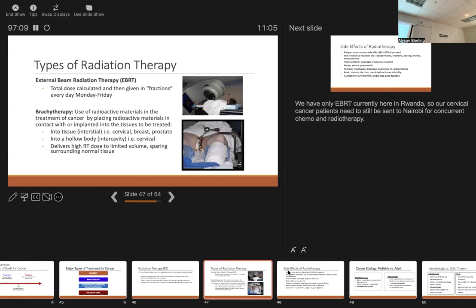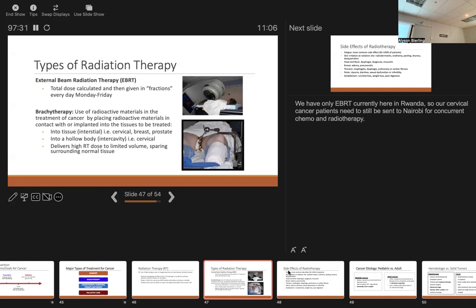So if it is a breast cancer, the radiation therapy is going to be applied directly to that area of the cancer. If the patient has cervical cancer, the external beams are going to be directed towards the pelvis.